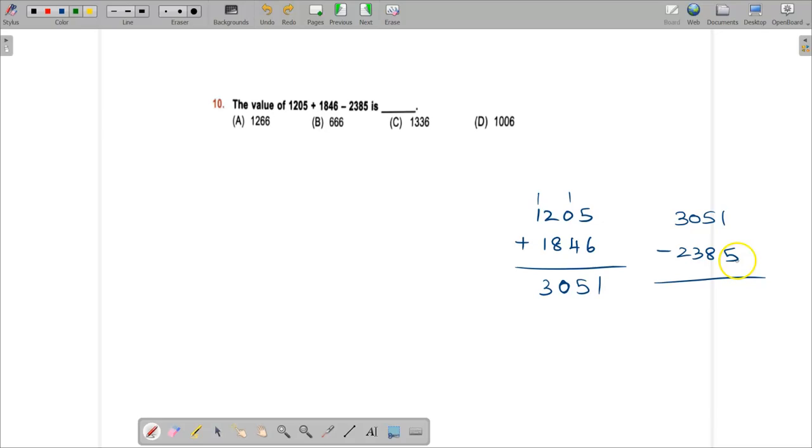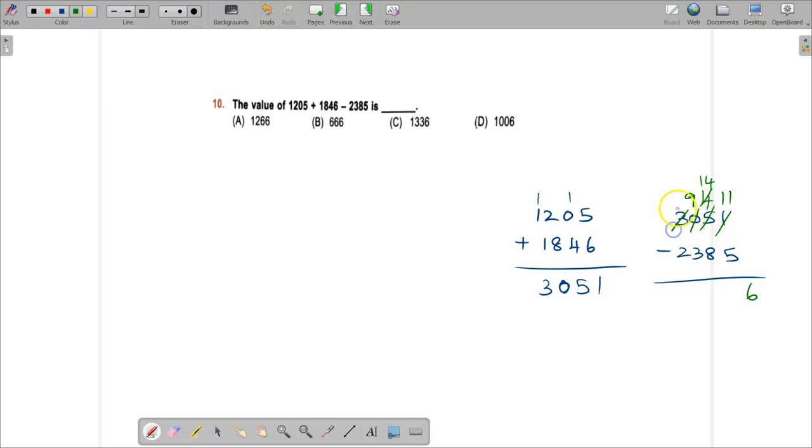From 1 we cannot subtract 5, so this will become 11. So you need to reduce 1 in the 5, so this will become 4. 11 minus 5 is 6, and again from 4 we cannot subtract 8, so this will become 14, right? And you need to subtract 1 from the 0. Since you are taking the value from 0, this will become 9.